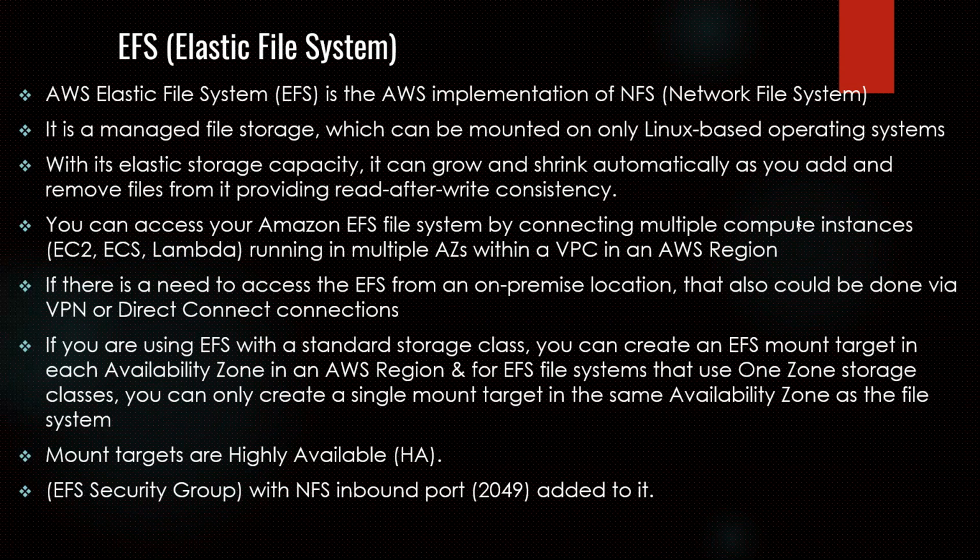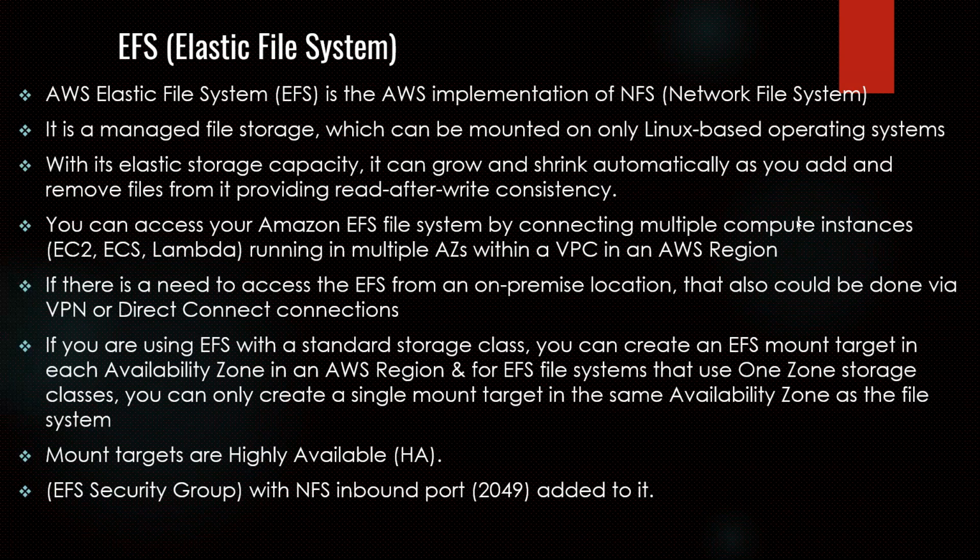You can access EFS from these AWS compute services. Also, it is possible to access your Elastic File System from an on-premises location, with the help of VPN or Direct Connect connections.